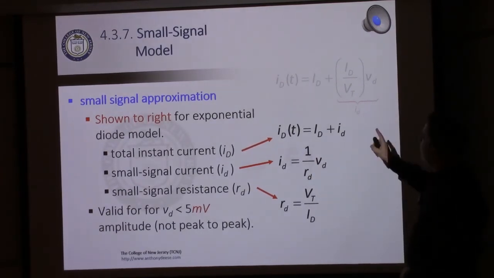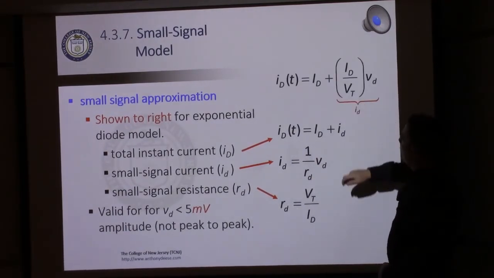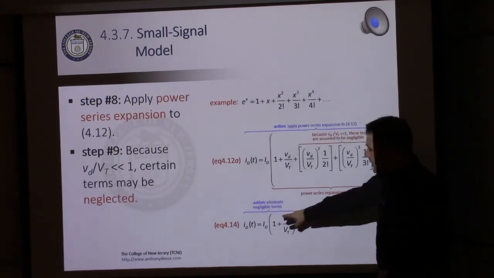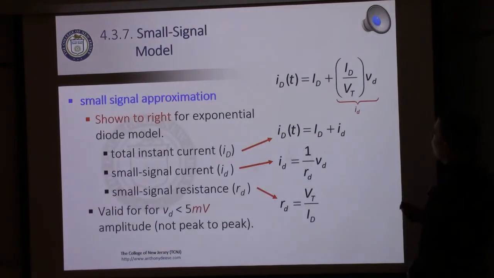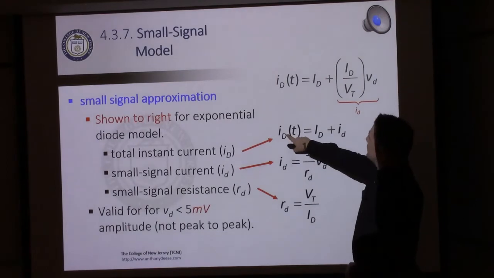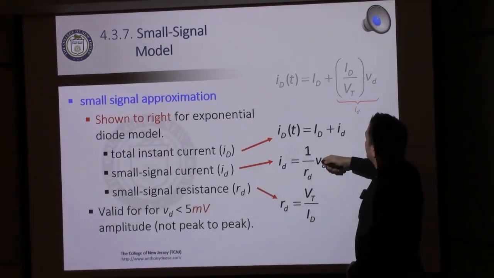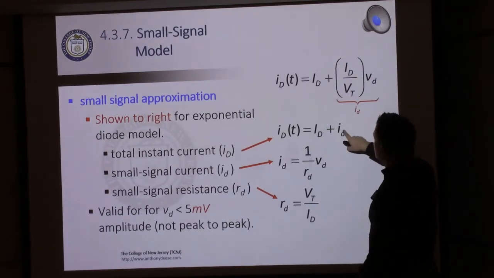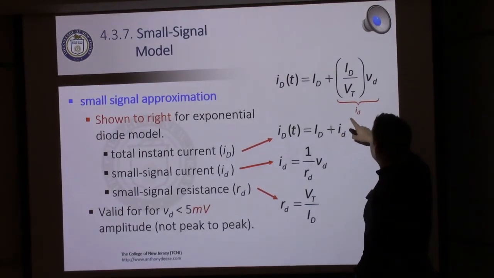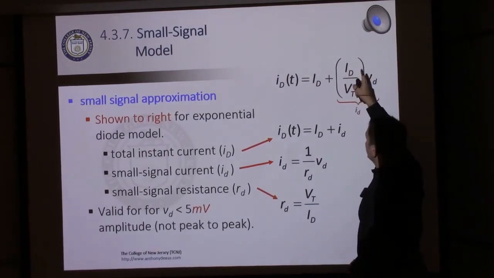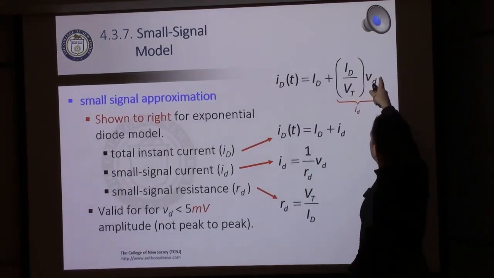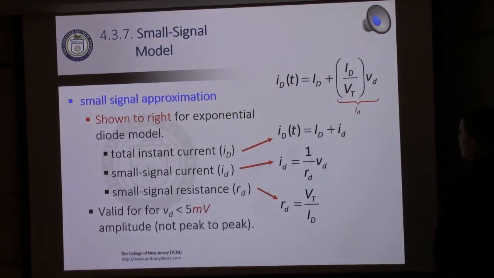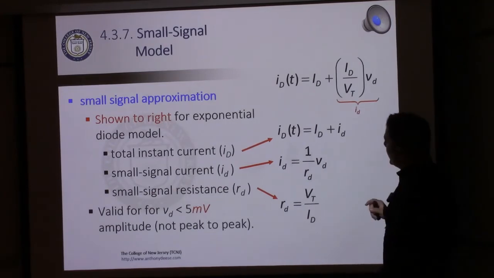Now, where do we get that from? If you look at this initial equation here, which comes from down here, what you'll see is that the small signal component is equal to the static component, big I, big D, divided by the thermal voltage, times little v, little d.